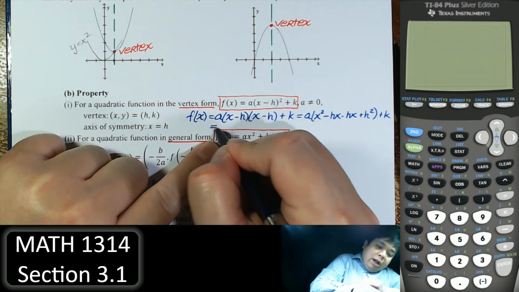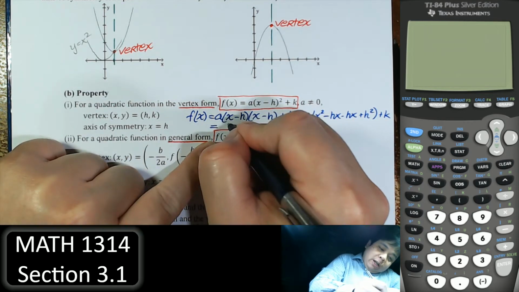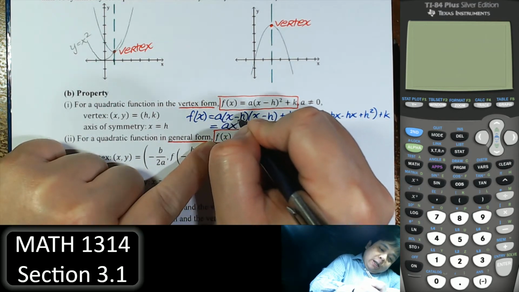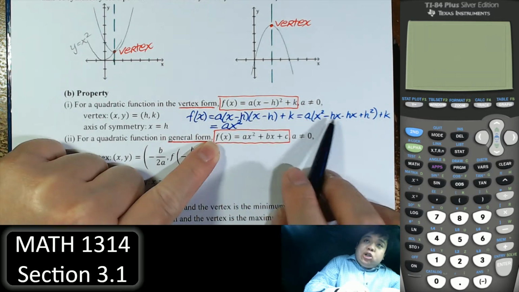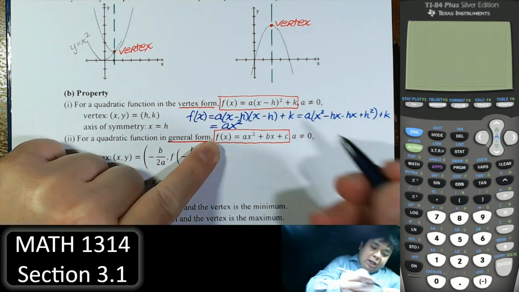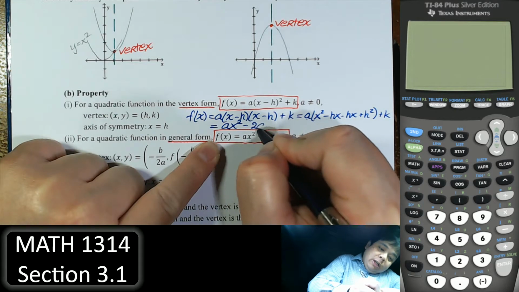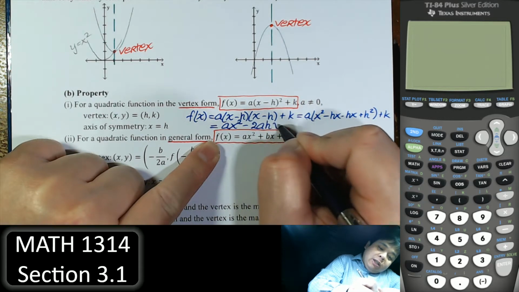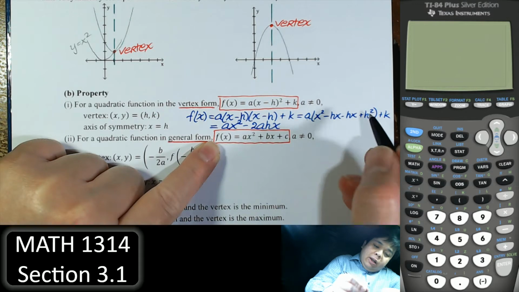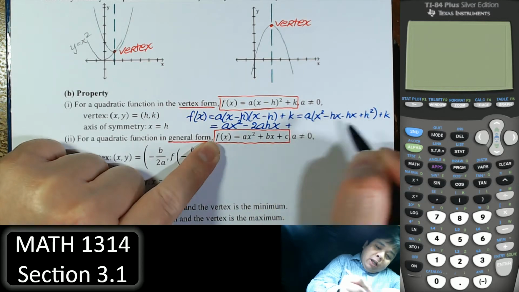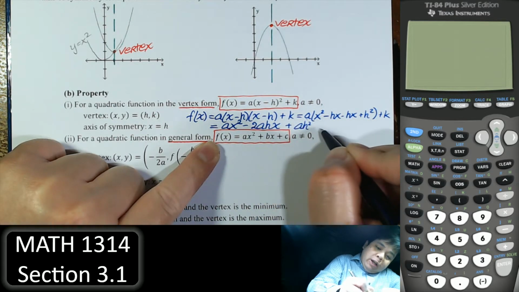Then multiplying it out: ax squared, there are 2hx with an a, so minus 2ahx, plus ah squared plus k.